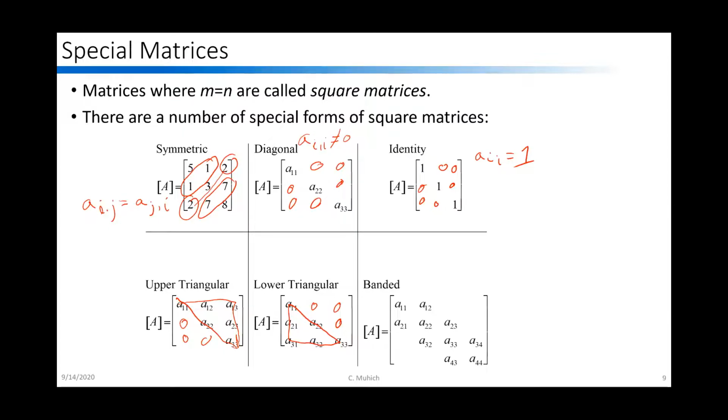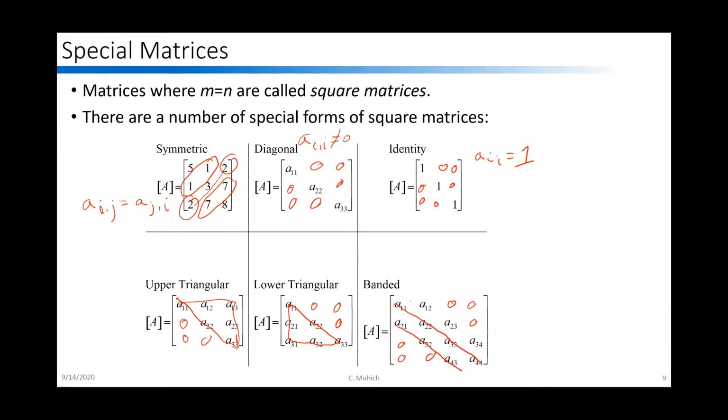And then we have banded matrices. These are cases where you have some zeros in the upper and lower columns, but there's a band here.